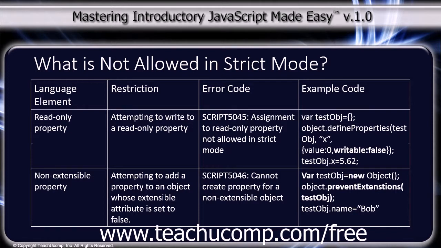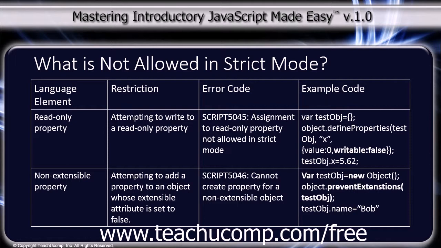The read-only property is restricted. Attempting to write to a read-only property, we'll throw the error code script 5045, assignment to read-only property not allowed in strict mode. And in the example code, you can see writable is set to false, meaning it is a read-only property. A non-extensible property is restricted.